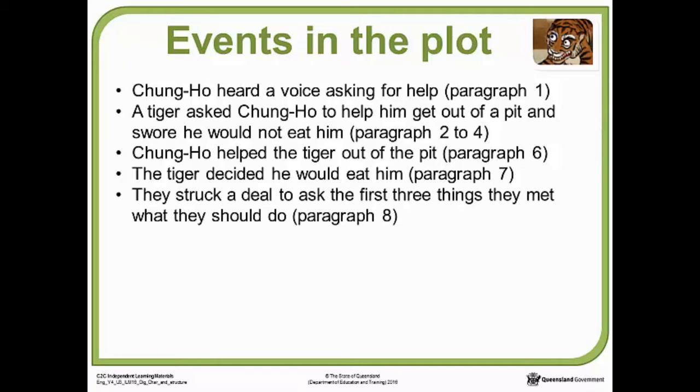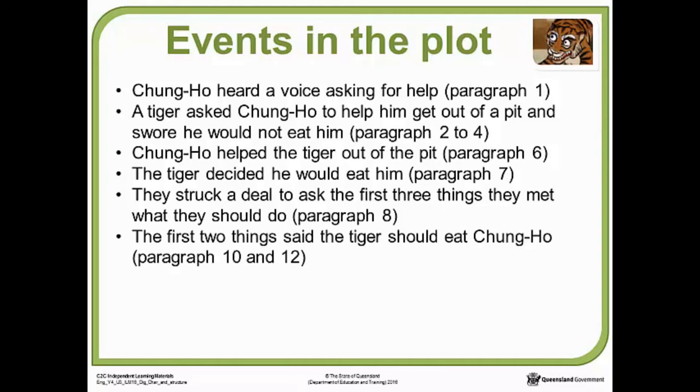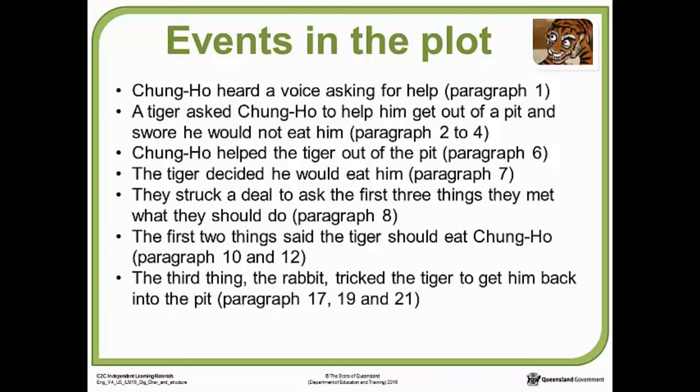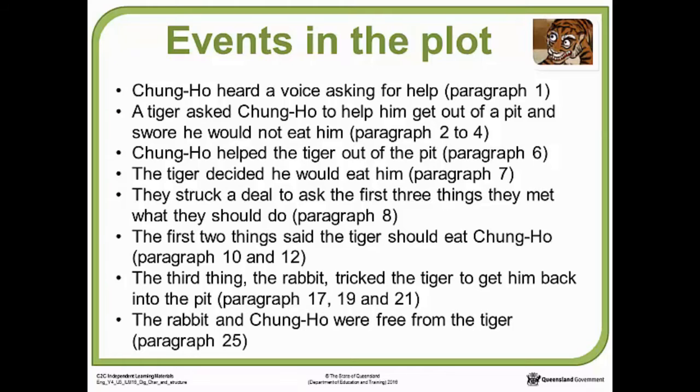They struck a deal to ask the first 3 things they met what they should do. Paragraph 8. The first 2 things said the tiger should eat Chung Ho. Paragraph 10 and 12. The third thing, the rabbit, tricked the tiger to get him back into the pit. Paragraph 17, 19 and 21. The rabbit and Chung Ho were free from the tiger. Paragraph 25.